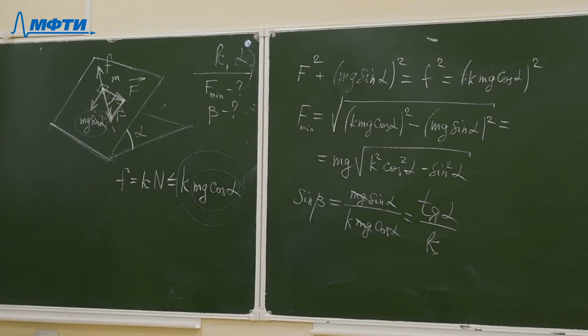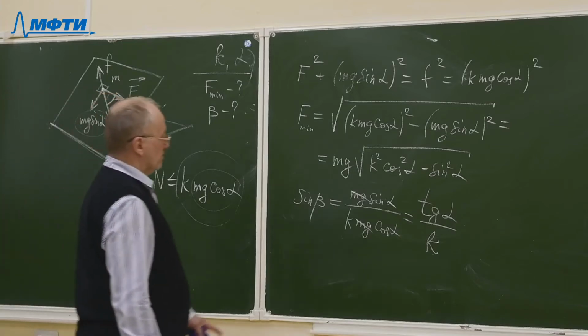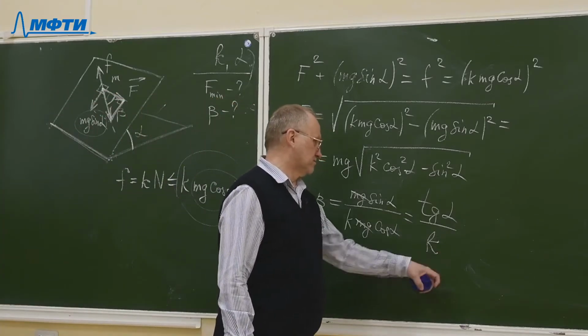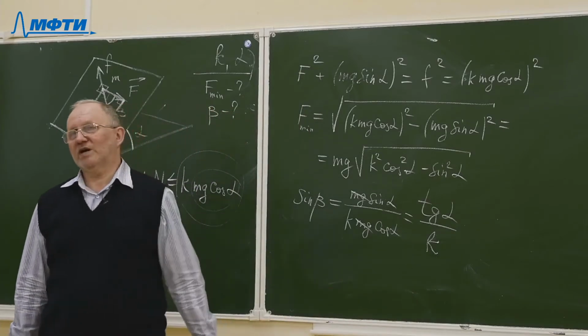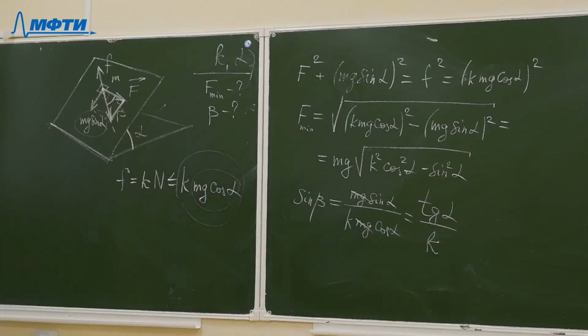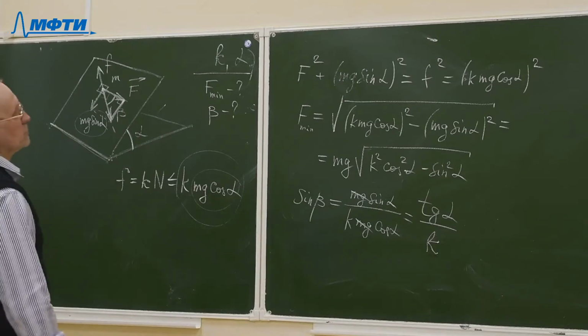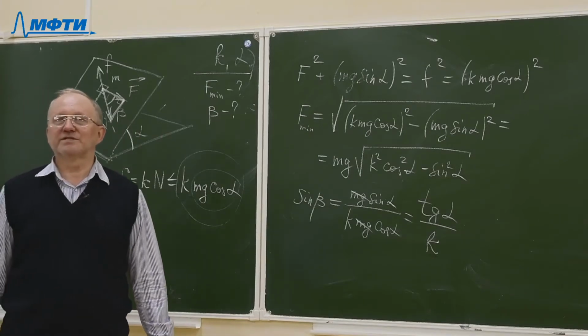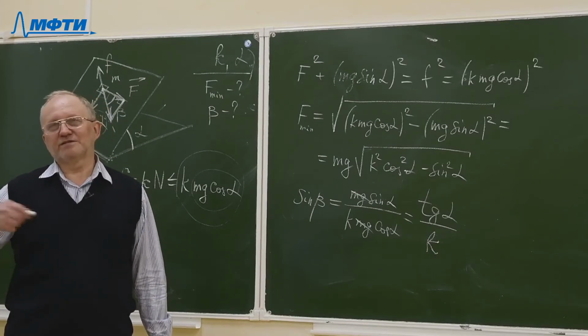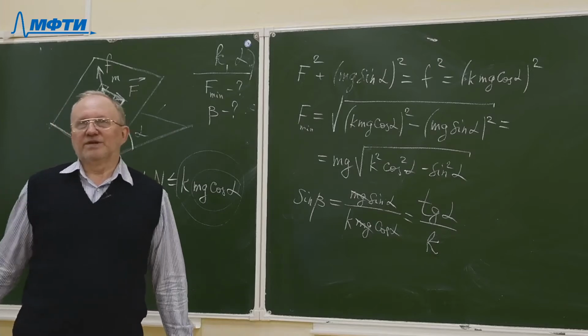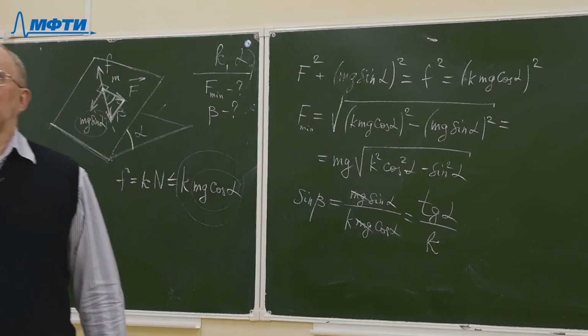That's it. Some students wrote this formula, but unfortunately without any explanations. Why don't you explain your actions? Why don't you explain your solutions? Very few students use words to explain what they're doing. Many just write down the formulas and believe that's enough. No, that's not enough.